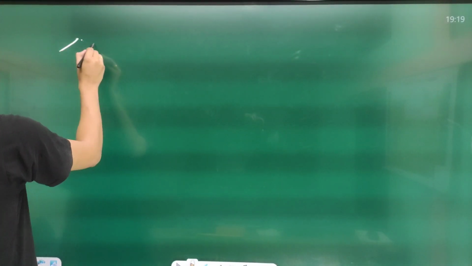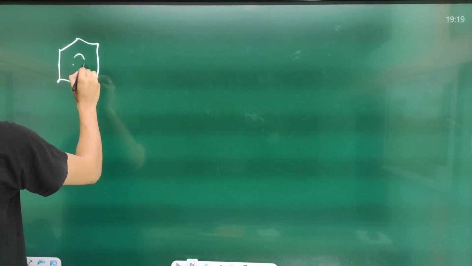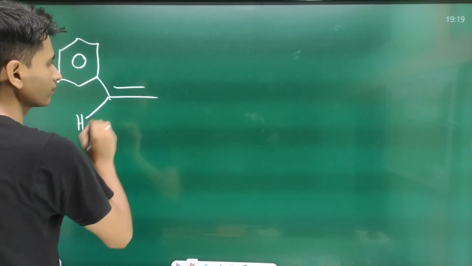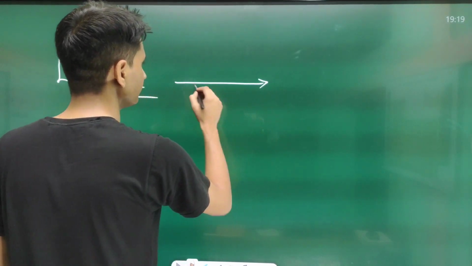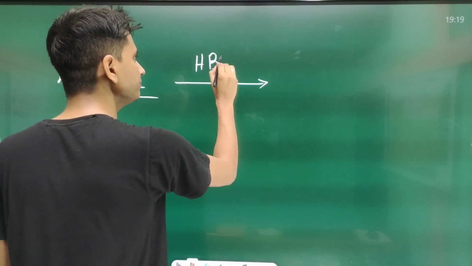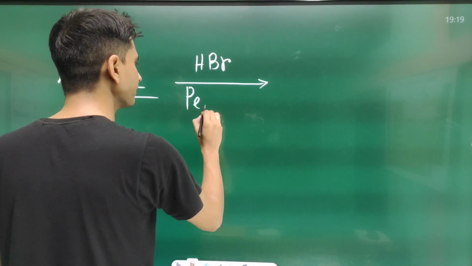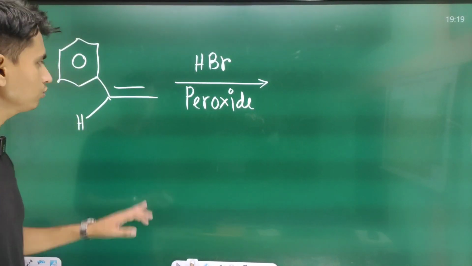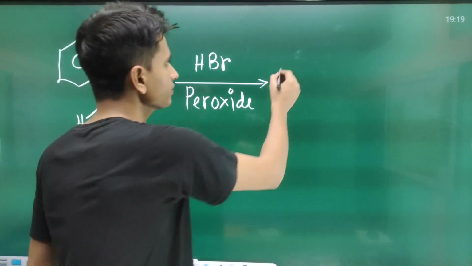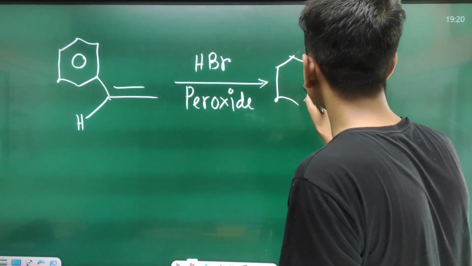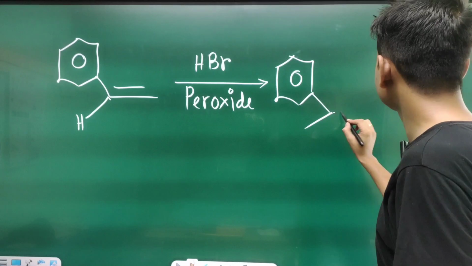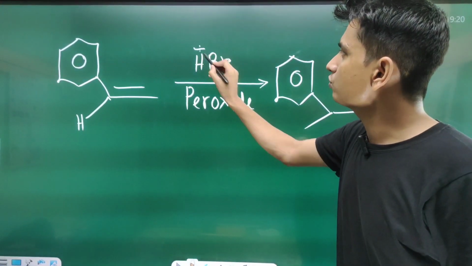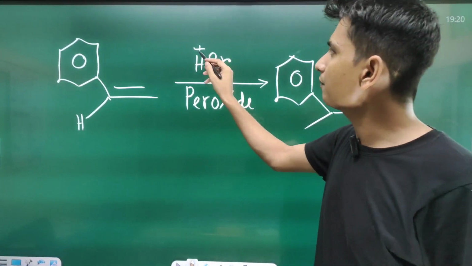Suppose a compound is given like this. Reaction with HBr in presence of peroxide. Due to this is a double bond, so this double bond will convert it fast into single. Now H is attached to that carbon atom where less number of hydrogen atom.